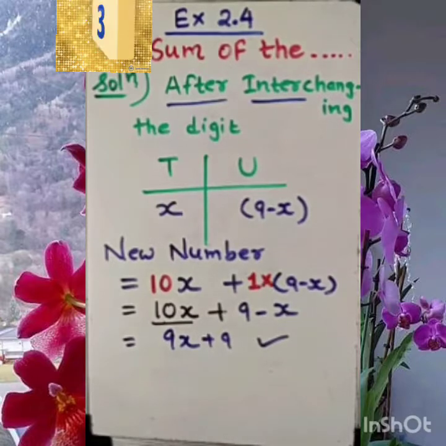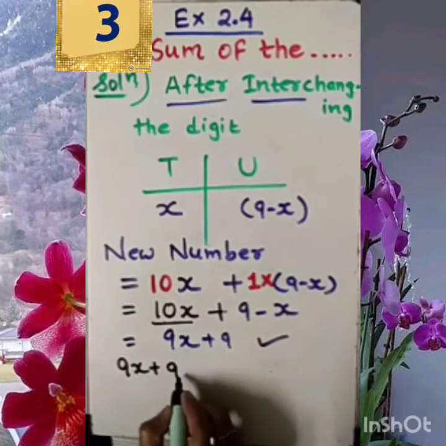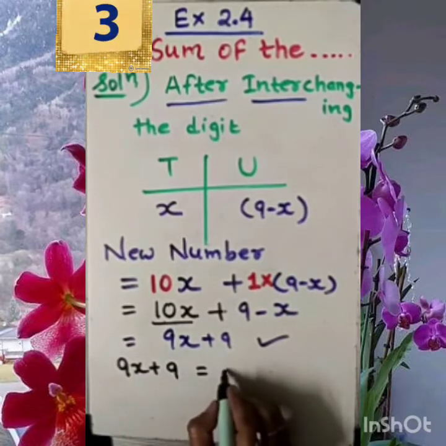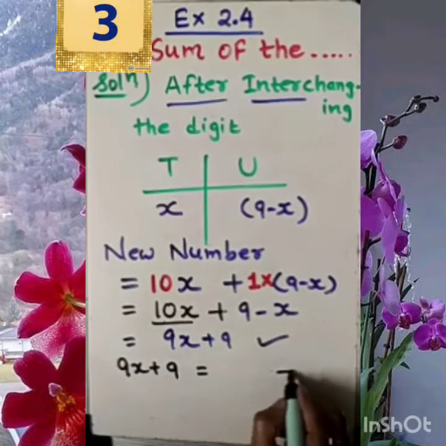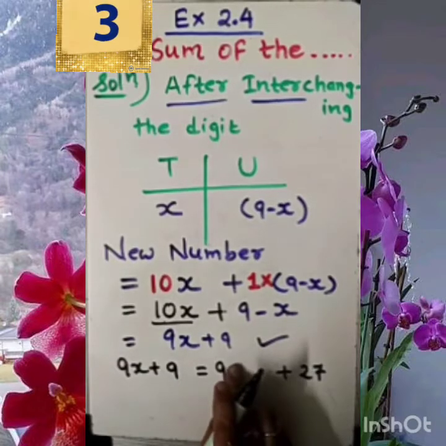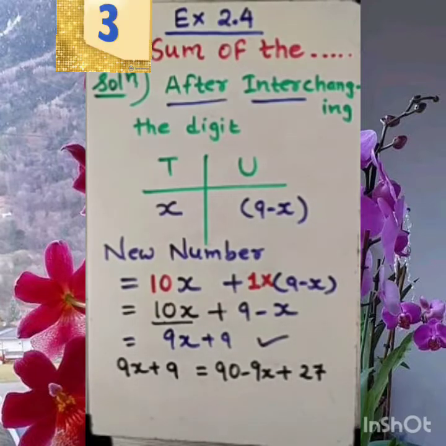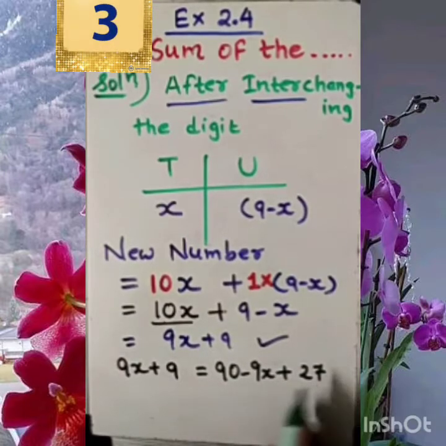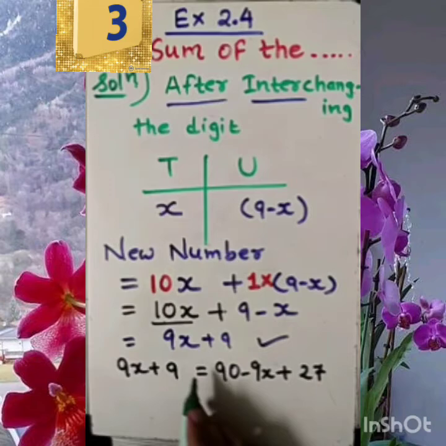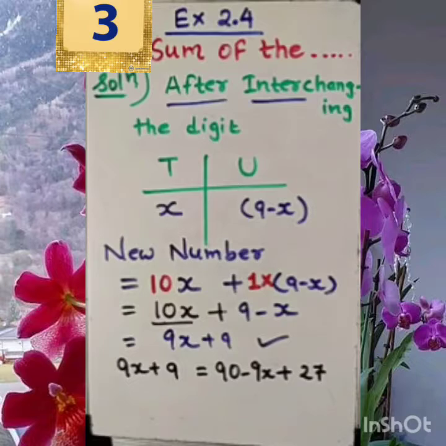Now in the question we are given that this newly formed number after interchanging the digits is 27 more than the original number. What was our original number? It was 90 minus 9x. So 9x plus 9 equals 90 minus 9x plus 27.